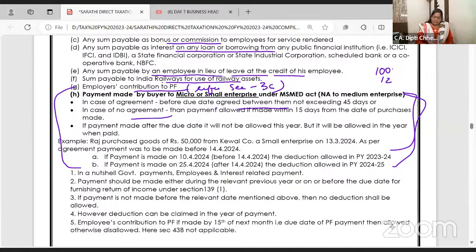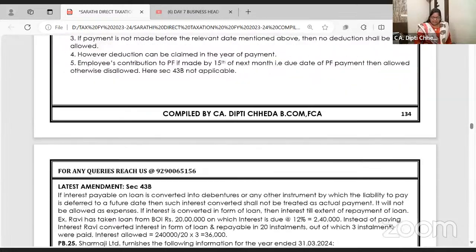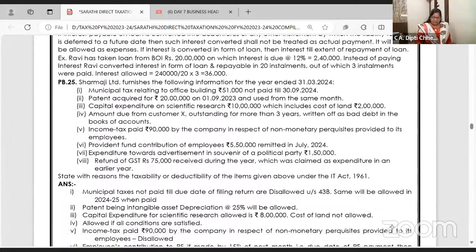If there is no agreement, then you have to make the payment in 15 days. Then whatever I have purchased from a micro and small enterprise is allowed as expense. If I don't make the payment on time, my purchase expense from the micro and small enterprise is disallowed. It will be allowed next year when I make the late payment. Okay? Right. That's all about 43B.